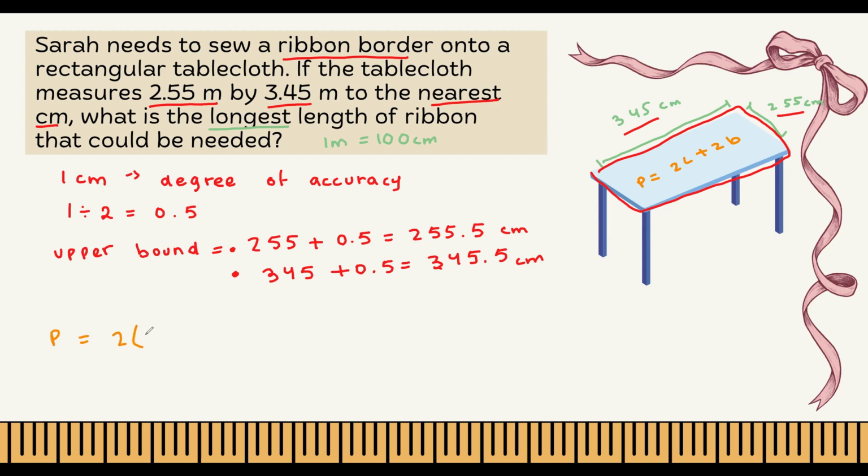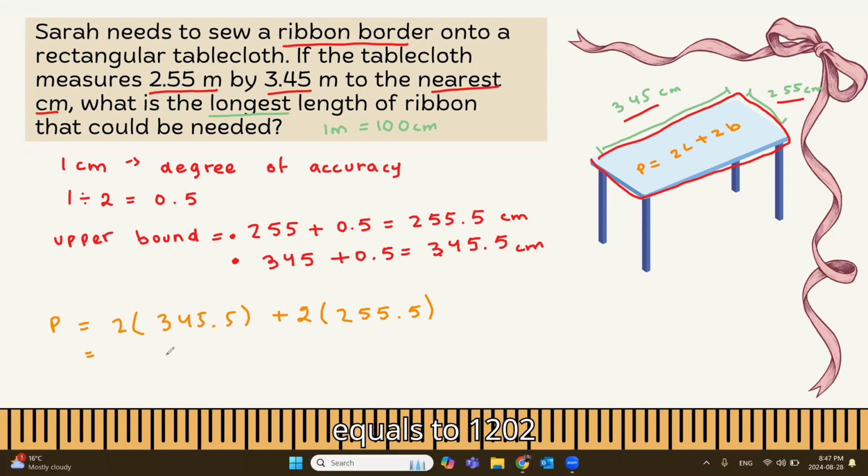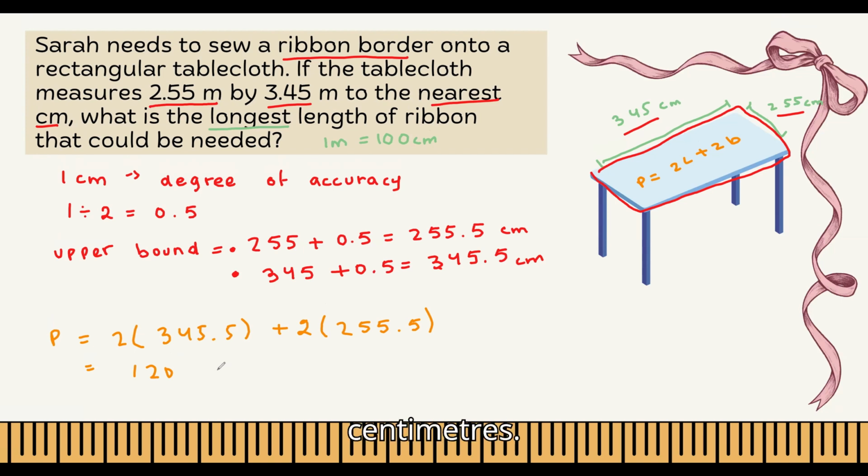So I have 2 times length, so our length is 345.5 centimeters, plus 2 times our breadth, which is 255.5. So this is equal to 1,202 centimeters. So the longest length of ribbon that could be needed is 1,202 centimeters of ribbon.